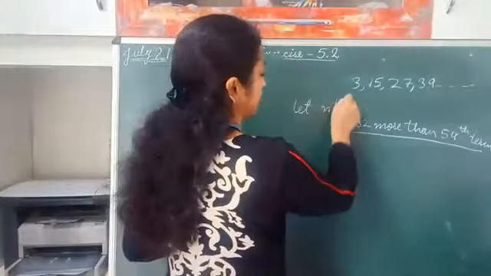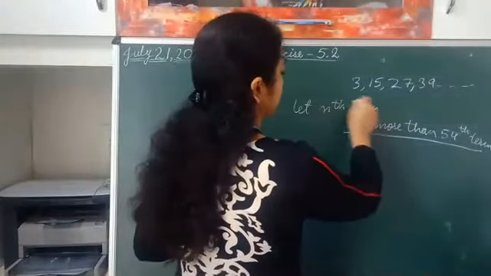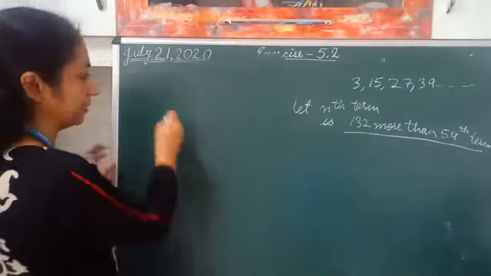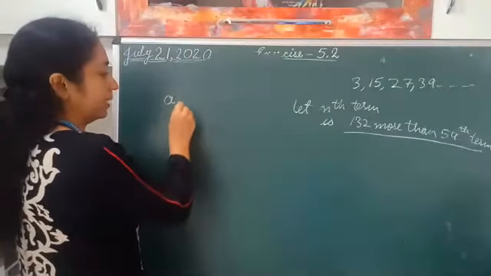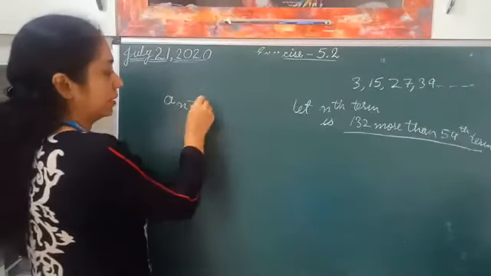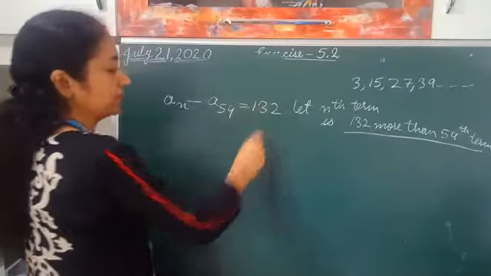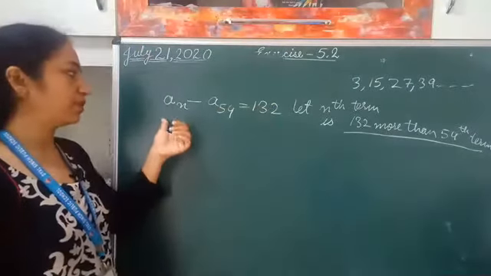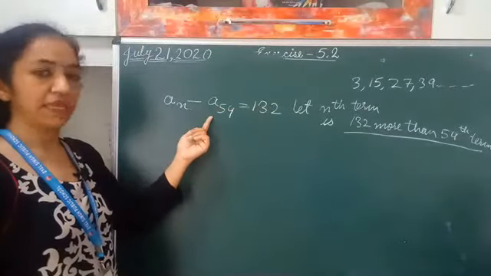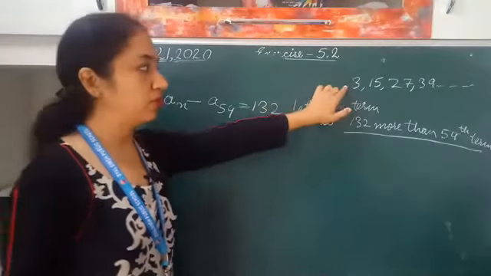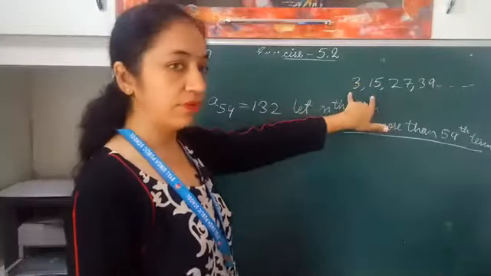Let nth term is 132 more than 54th term. That means what can I write? nth term is greater किससे? 54th टर्म से. कितनी? 132. ठीक है, सो आपकी इक्वेशन बनी an minus a54 is equal to 132. Now you have the value of a, you can find out the value of d.